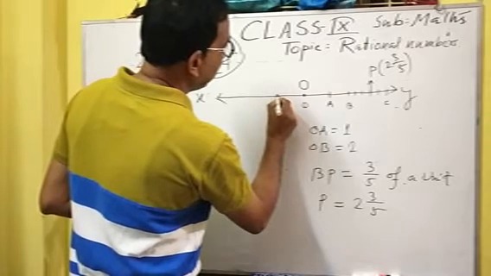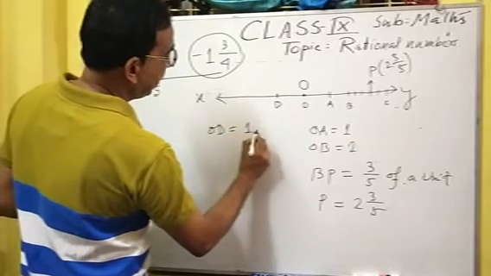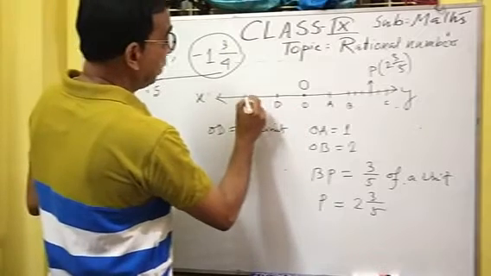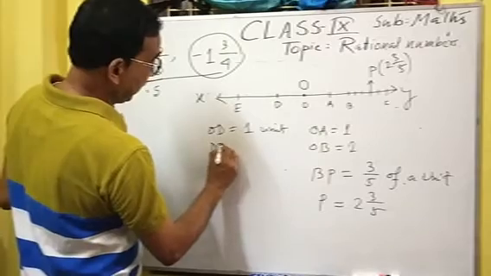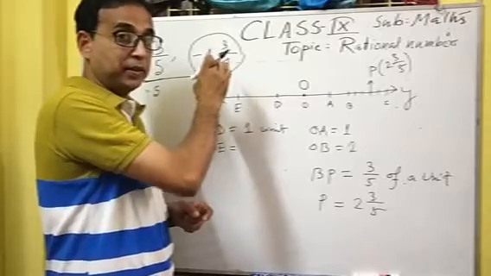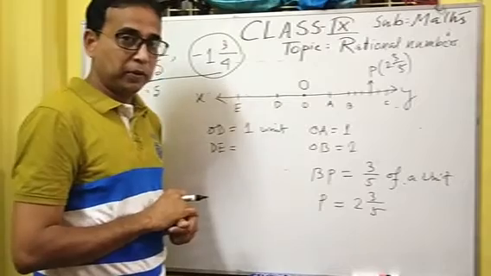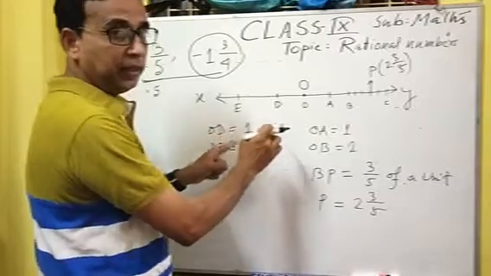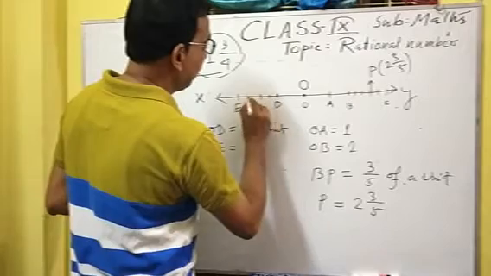Taking OD equal to 1 unit, the unit DE has to be divided into 4 equal parts, since the denominator of the rational number is 4. For this reason, we divide the unit DE into 4 equal parts: 1, 2, 3, 4.